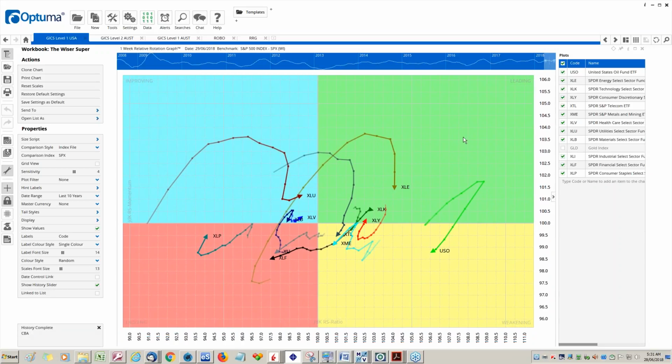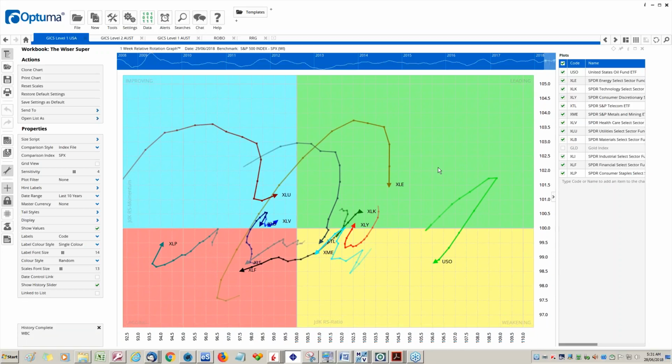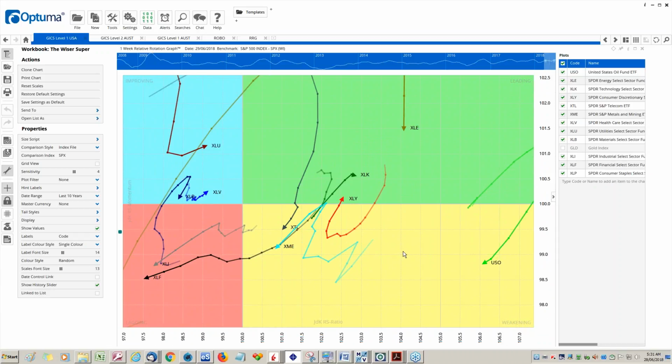First of all, the strongest elements on the US chart, there are three primary drivers of strength. We'll talk about oil in depth in a moment. Alan sent me some information on it. USO, which is Texas Light Crude, and energy, obviously two of the strongest elements on this screen. The other two sectors which are showing strength are the tech sector and the consumer discretionary.